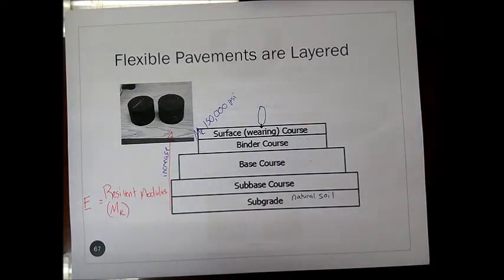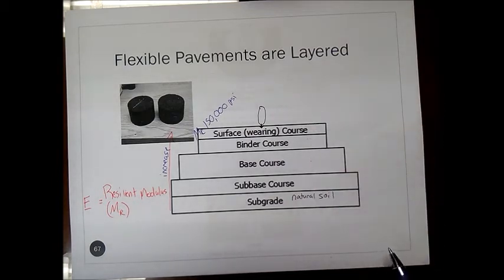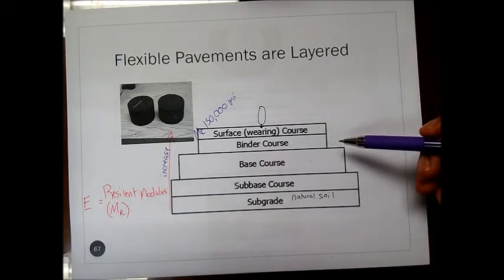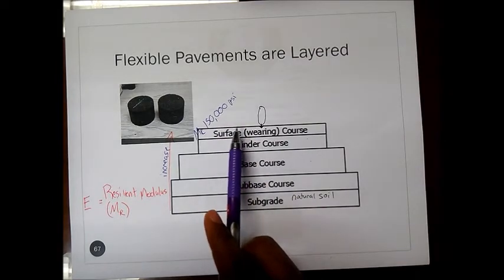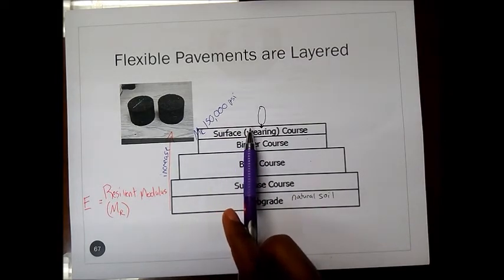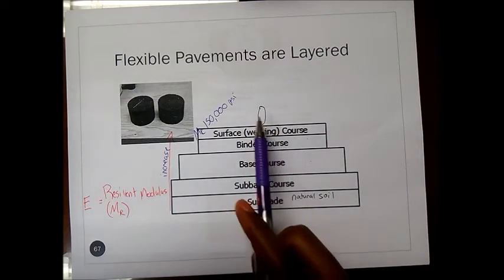So now you see that the resilient modulus differs by layer, which also means that the resilient modulus would differ by pavement type. And so the resilient modulus of an asphalt design would be different than, say, one for a concrete design up here at the top.